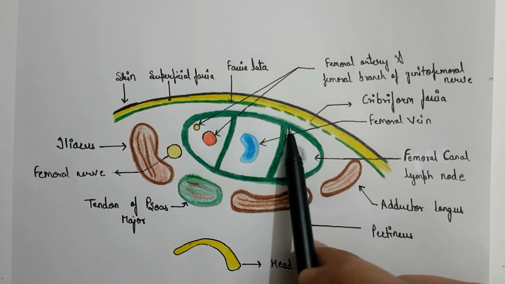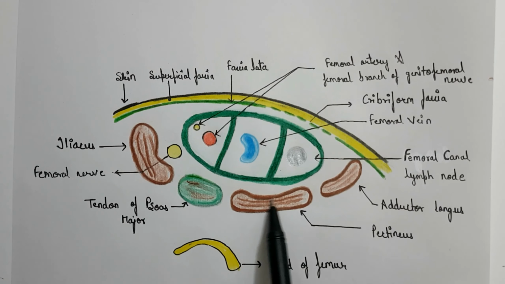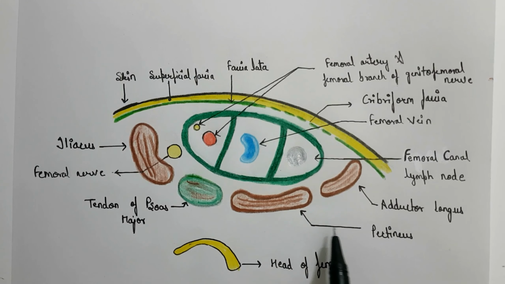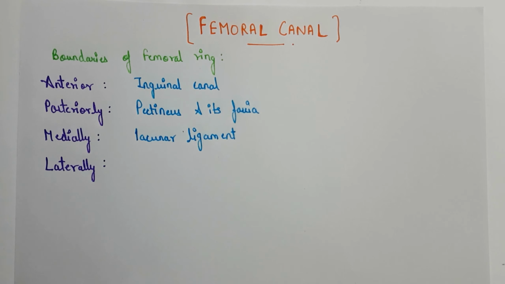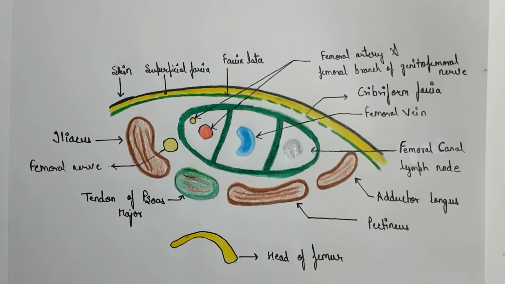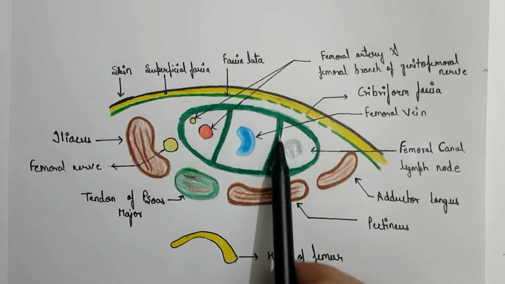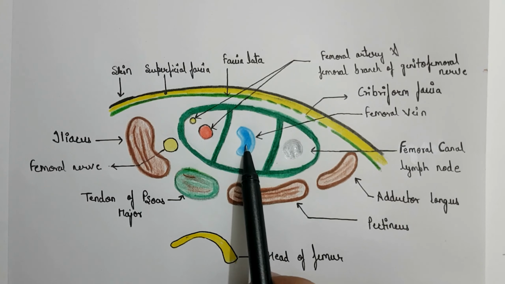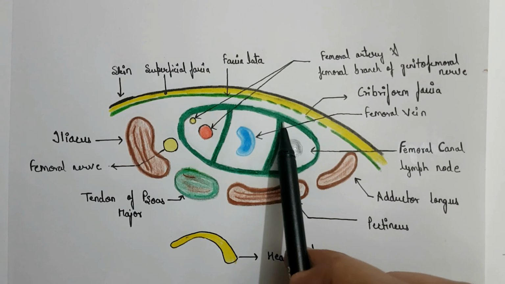This is the femoral ring, and this is the posterior boundary that is formed by the pectineus muscle and its fascia. Medially, it is bounded by the lacunar ligament. Laterally, it is bounded by the septum, which separates it from the femoral vein. In this diagram, this is that septum which separates the femoral ring from the femoral vein, and this is its lateral boundary.